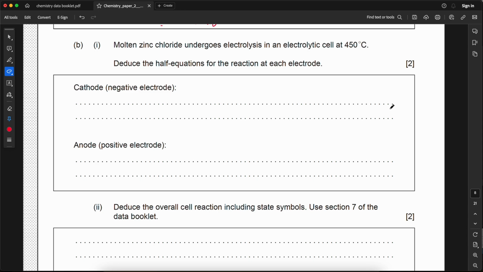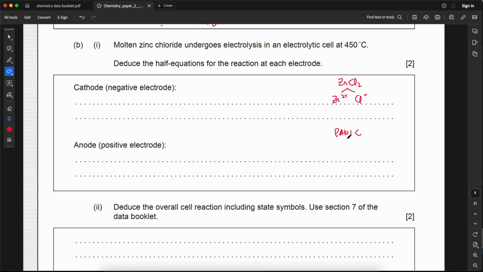Molten zinc chloride undergoes electrolysis in an electrolytic cell at 450 degrees Celsius. Deduce the half equation for the reaction at each electrode. So I'm just gonna try to explain right here. ZnCl2 would be Zn2+ and Cl minus.